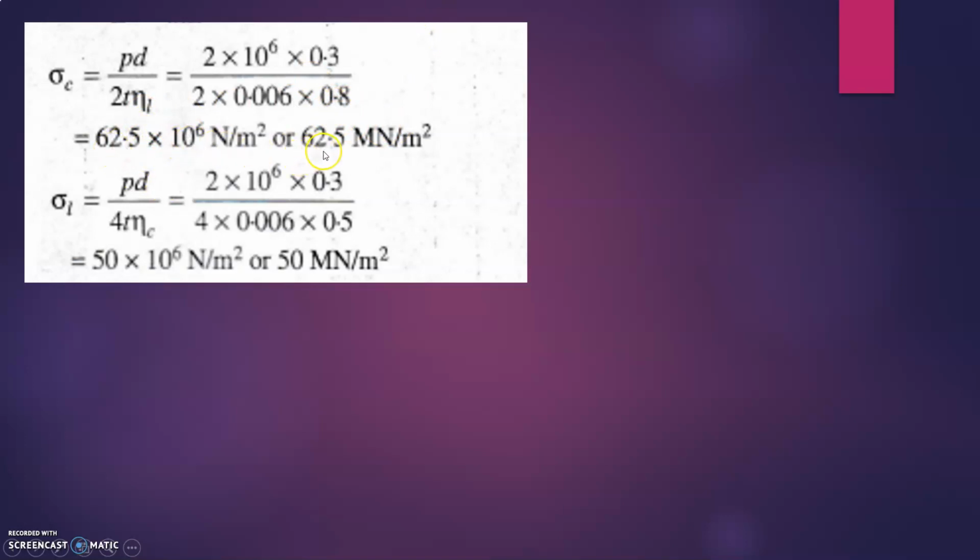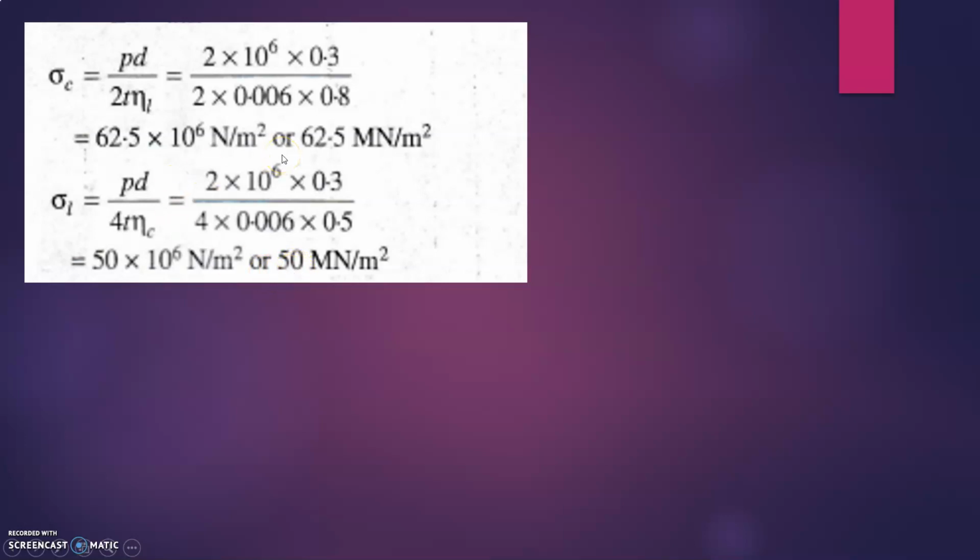Simplify this, you get 62.5 meganewton per meter square, or 62.5 into 10 raised to 6 newton per meter square. Then calculate the longitudinal stress, that is equal to PD divided by 4t into mu of the circumferential joint. Substitute, you get longitudinal stress equal to 50 into 10 raised to 6 newton per meter square, or 50 meganewton per meter square.